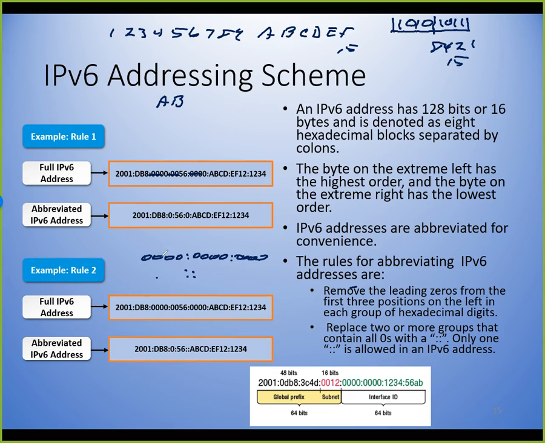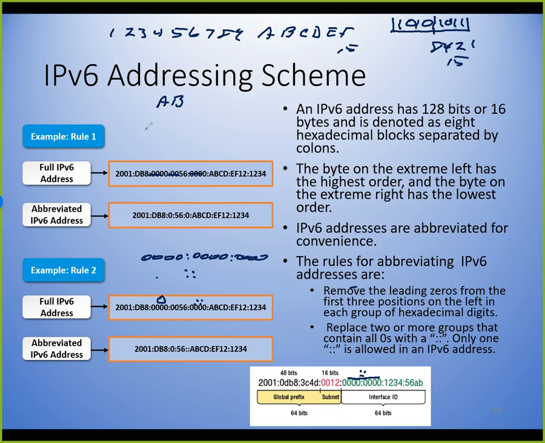One time, because if we did it more than once, it wouldn't know how many zeros we replaced, but the system itself can figure that out. What they've done here is the first string of zeros is written with a 0, the second one with a double colon. If we had consecutive zeros, we can replace them with a double colon. Right here, this bunch could be replaced with a double colon.